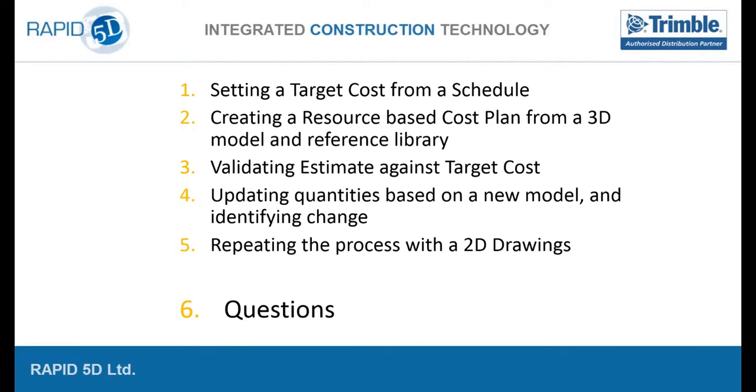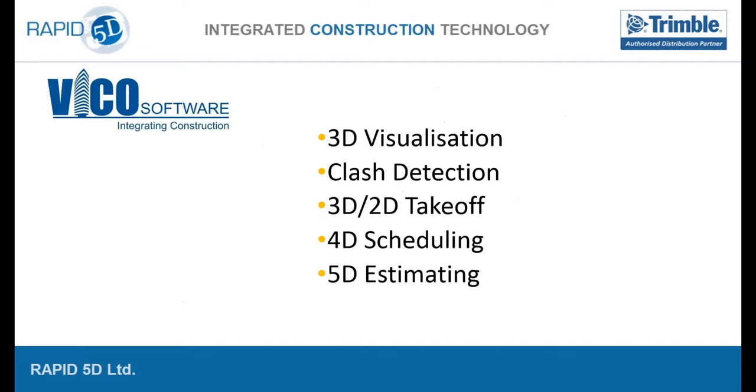So we're going to be able to compare it at a granular level against the target cost which we'd set up before. Then we're going to go through the scenario of getting a new model, reactivating the model, and looking at how the estimates change based on the new quantities in the model. And then finally, I'm going to run back through that whole process and repeat it with 2D drawings as well, just to show you that you don't always need 3D to get involved in this process.